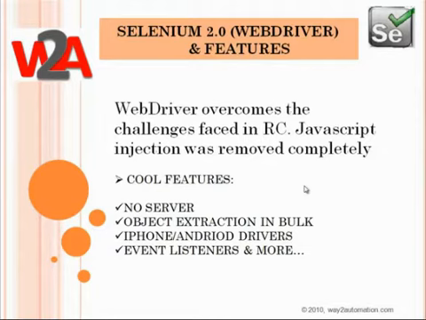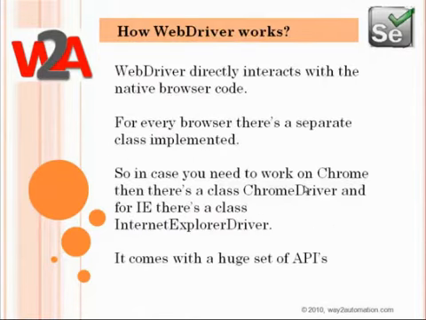If we go into more depth on how the WebDriver architecture was designed, WebDriver directly interacts with the native browser code. For every browser, there is a separate class implemented. So if you are working on a Chrome browser, there is a class called ChromeDriver.